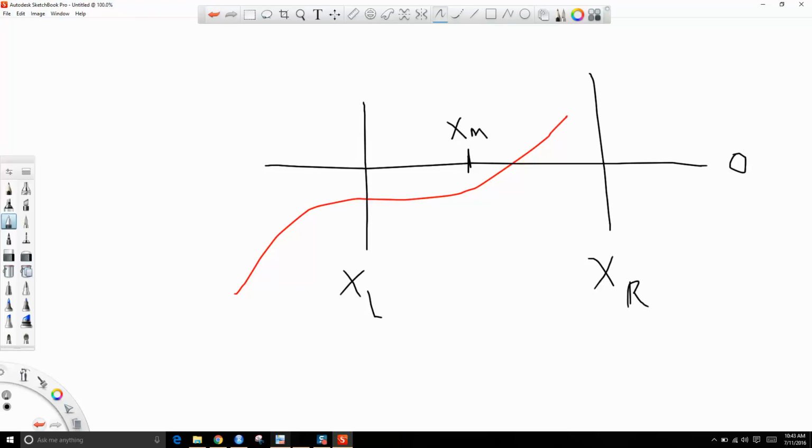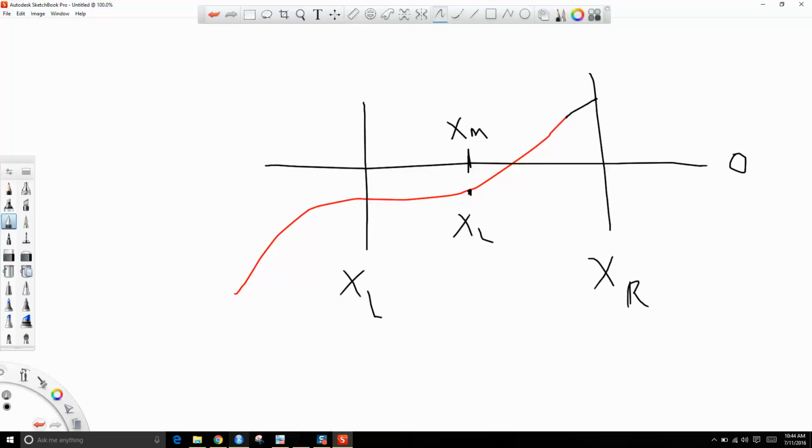Basically, you're going to calculate the value of the function right here. And then you say, well, x left and x midpoint are both negative, so if I multiply those two together, I'm over 0. Whereas over here, x at the left and x at the right, one is negative and one is positive. So this is now going to become my new xl.